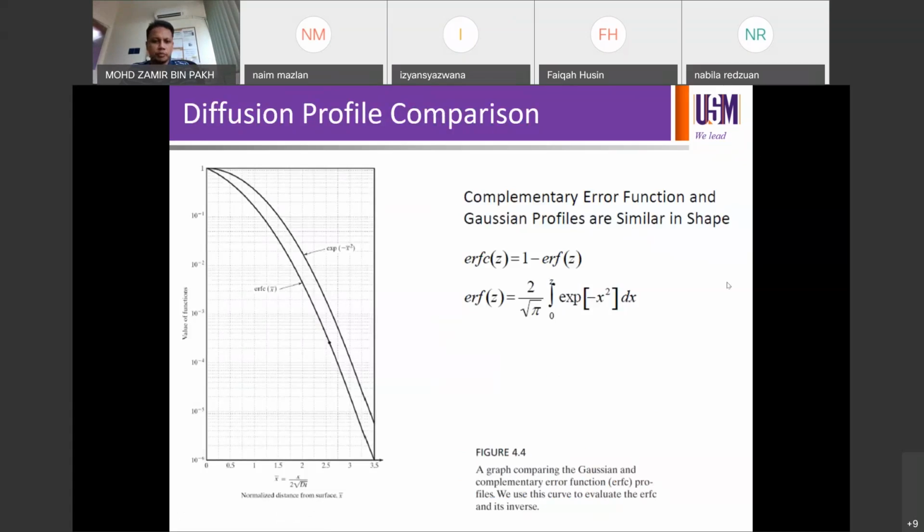The Gaussian profile is given by the one on the right, and the error function profile is given by the one on the left. You will need to use these curves when doing calculations for either a constant source diffusion process or a limited source diffusion process later on.